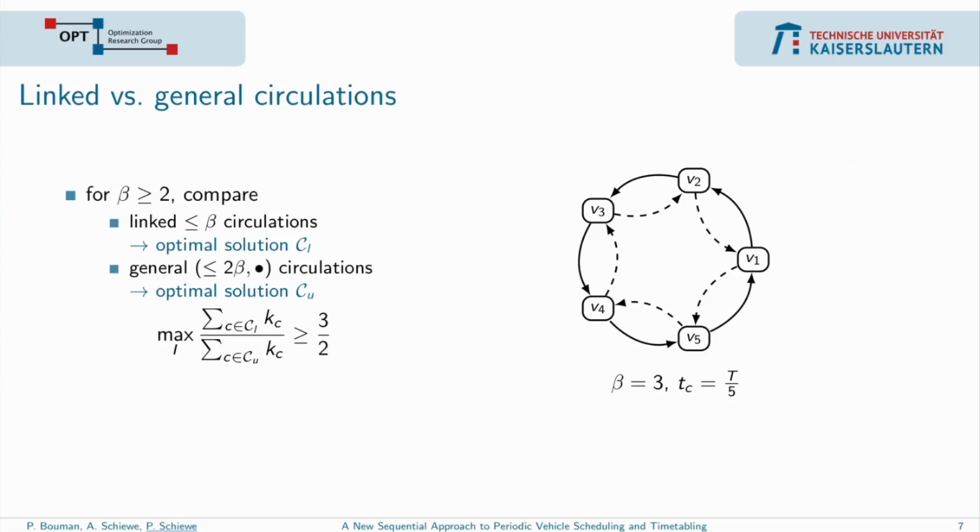And then in this case, where the length of a trip is exactly t/5, it would be optimal in the general case to use a circulation containing all the forward lines and one circulation containing all the backward lines, which would lead to using only 2 vehicles, while when we are using linked circulations, we will need at least 3 vehicles, as we can never get to exactly a total length of a circulation of t.